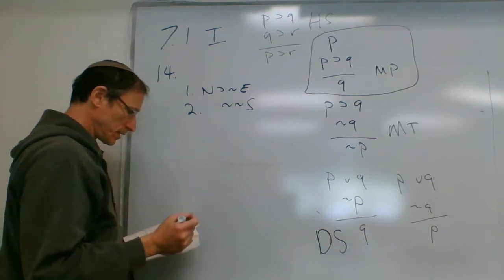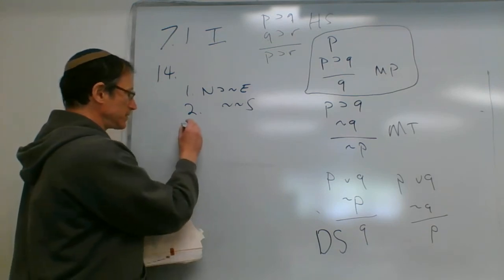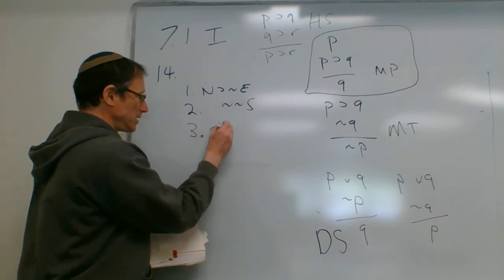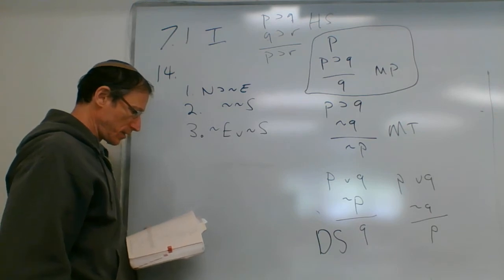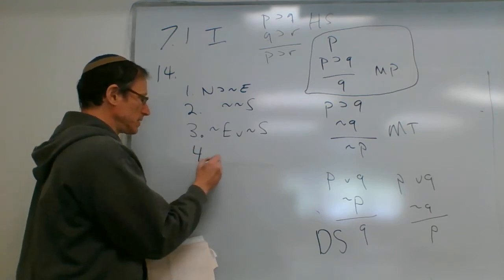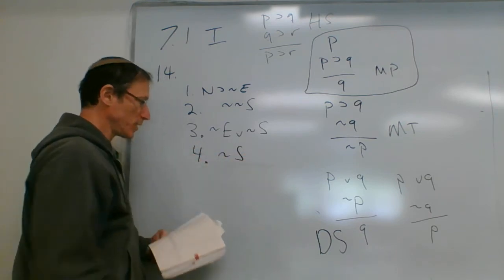Okay, that's number 2, not S. Now you have step 3, not E wedge not S. And then number 4 is not S wedge N.